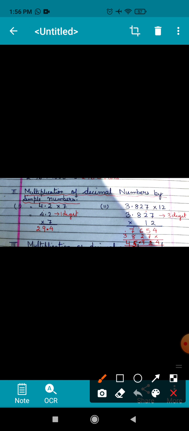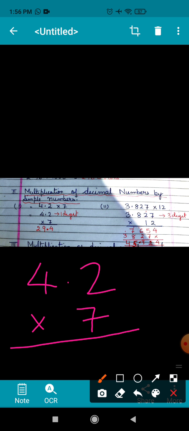Now let us see the second example, multiplication of decimal numbers by simple numbers. Here you can see 4.2 is a decimal number and 7 is a simple number. So children, remember we have to do simple multiplication. Forget about the decimals. Okay, 7 2s are 14, 4 carry over 1, 7 4s are 28 and 1 is 29.